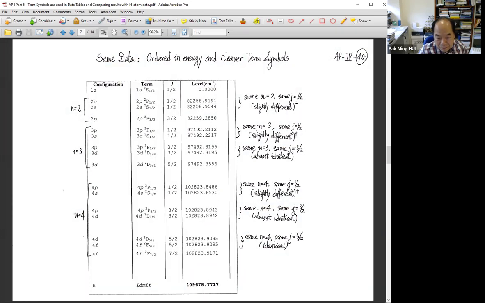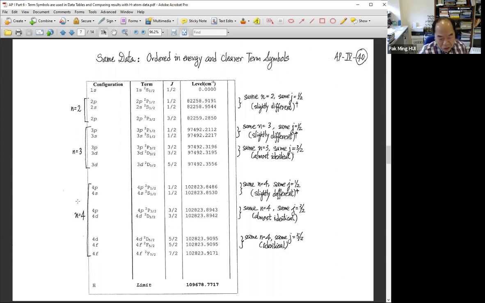You see? That's pretty good for a physics calculation. Now it's 0.0001 wave number out of 97,000 wave number. But still, almost identical, but still slightly different, okay?